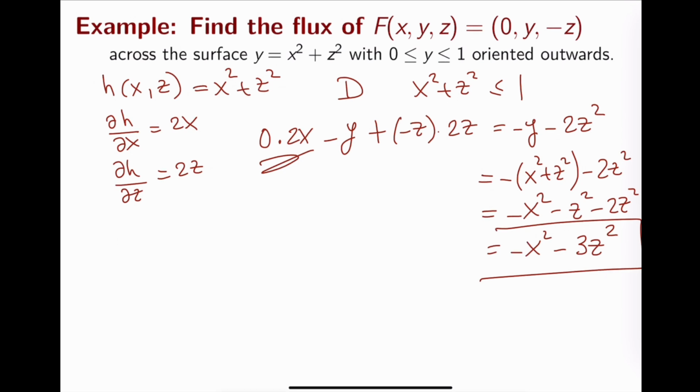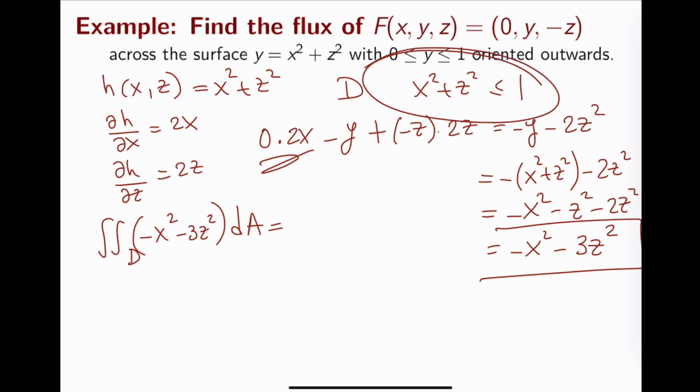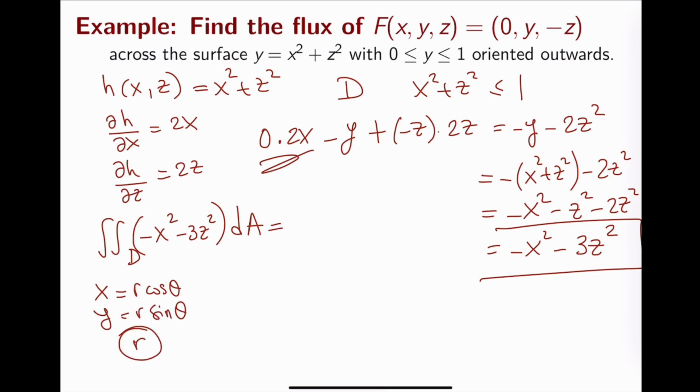And so the flux is going to be equal to the double integral over the domain of this expression. So we see that the domain is a circle, so we do a change of variables to polar, so we know that x equals r cosine, y equals r sine, and we are going to have to multiply by r, right? So this is the change in the double integrals to polar, and so this is going to be the integral where the angle varies between 0 and 2 pi, right?